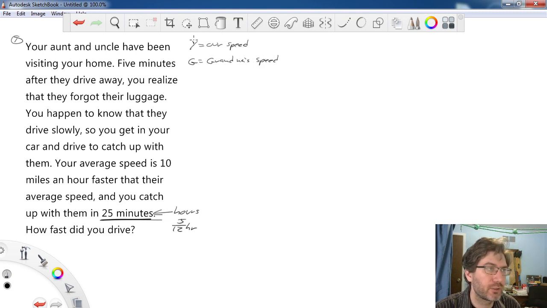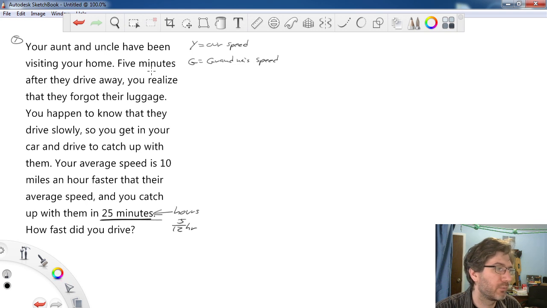So this is your speed, and this is grandma's speed. We want them to be where the time is going to be equal, right? I think that's what it's asking.